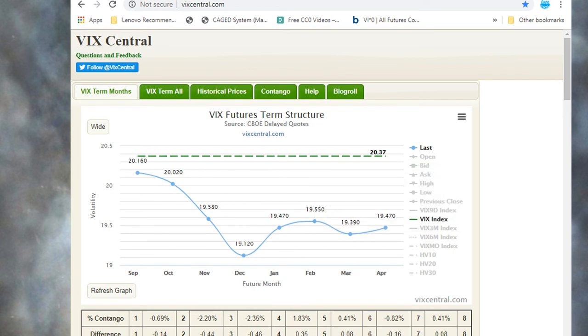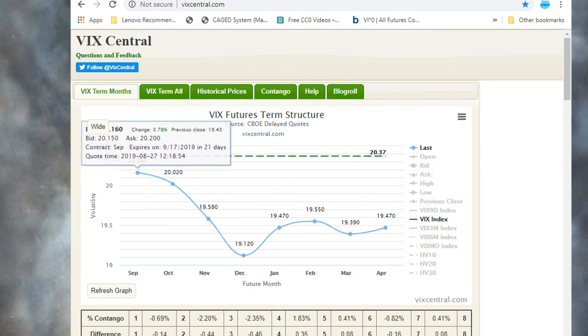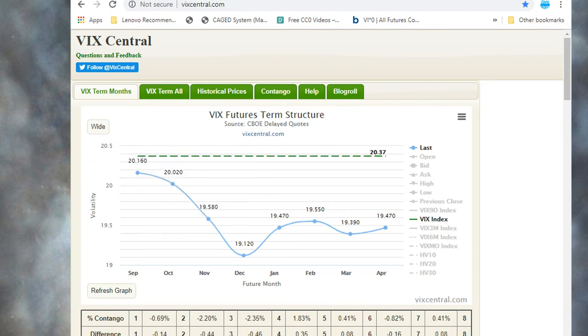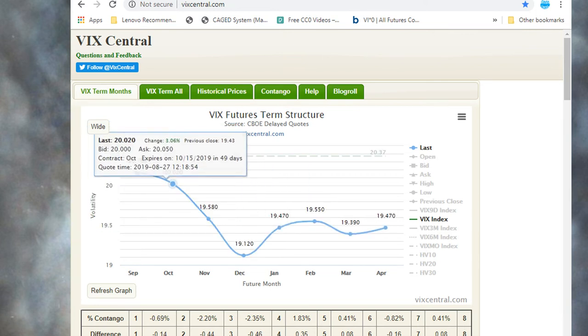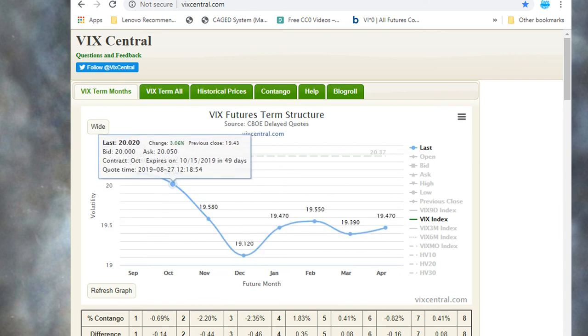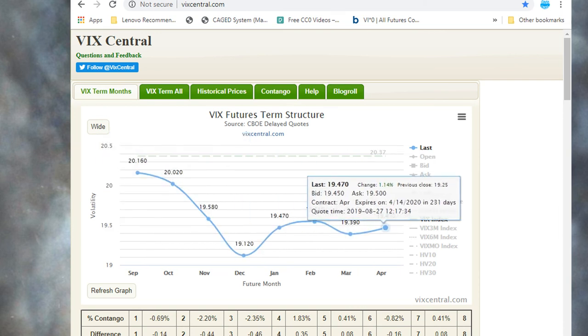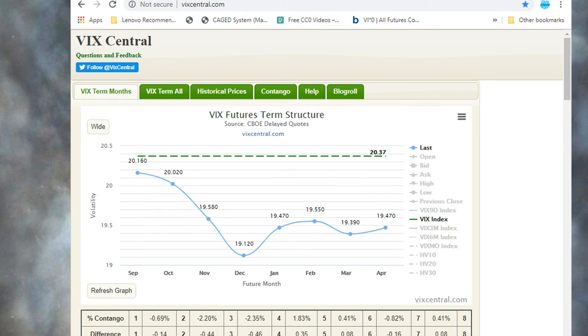They do discount December a little bit, but a lot of times you will see $1 or $2 between the two front futures that are online. Right now, the difference between the two futures is 14 cents, which is very small. The difference between spot right now and the front month future is less than 25 cents.